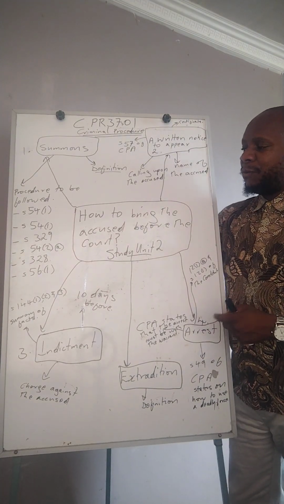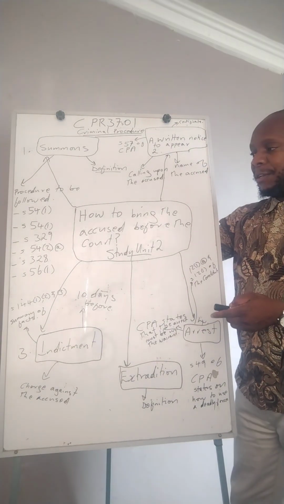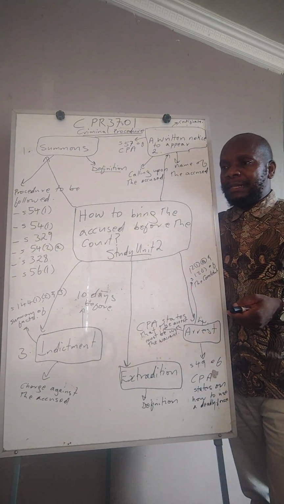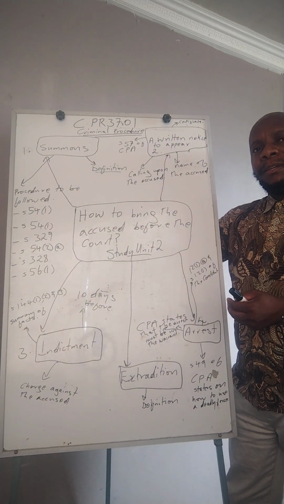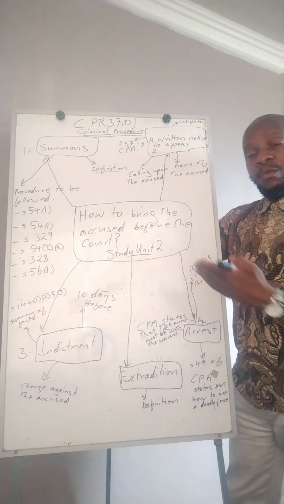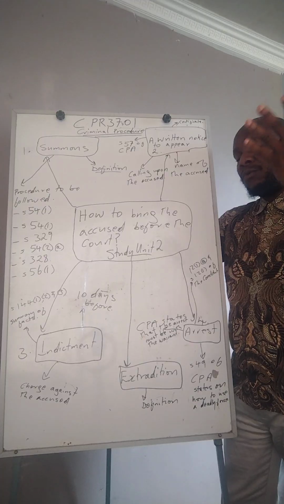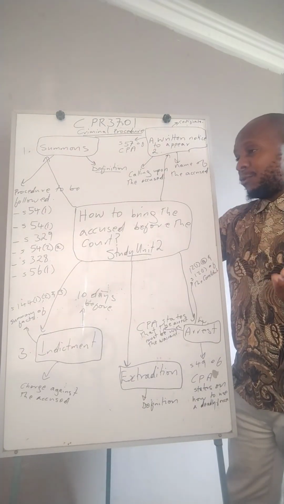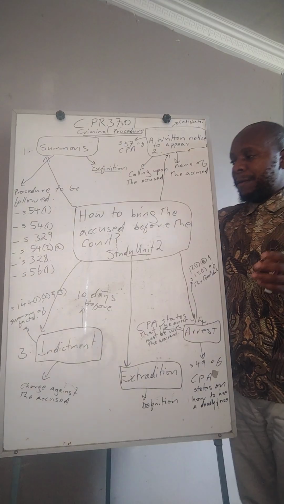That is done in terms of section 54, subsection 2, paragraph A of the Criminal Procedure Act. And the summons can be served anywhere in the Republic. So even if you are in Durban and you want to serve the summons in Johannesburg, you can easily do so. So it can be served anywhere.